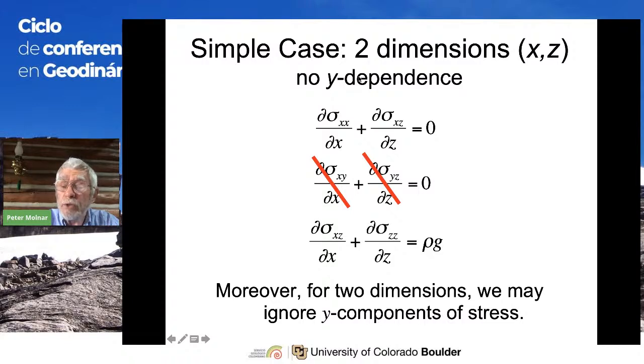So this is purely a two-dimensional case in xz with no variation in the y direction. So we can just throw these terms out, and we wind up with just two equations. Think of this as two equations applying to a mountain range that is linear and goes from plus infinity to minus infinity, with no variation along it. So we're ignoring y components of stress.